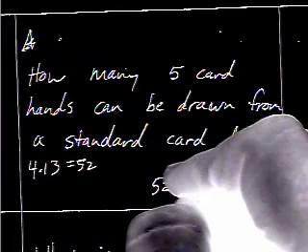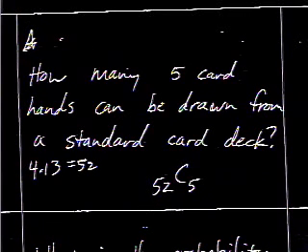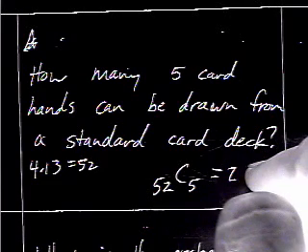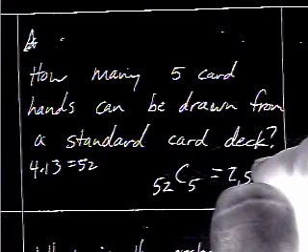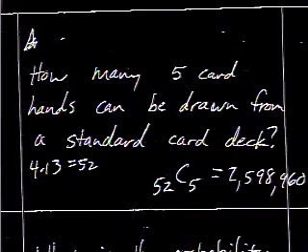So if you have 52 cards and you're choosing a group of 5, we can figure out, using our 52 nCr 5, that would be 2,598,960 different groups.